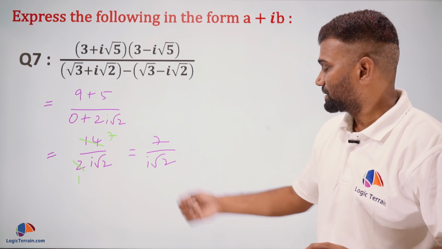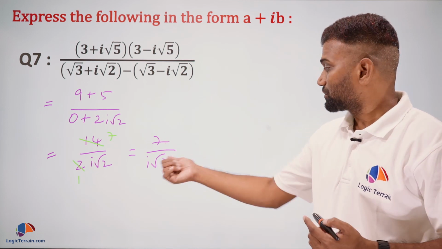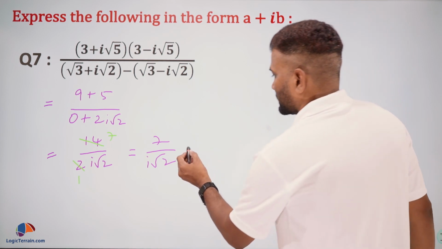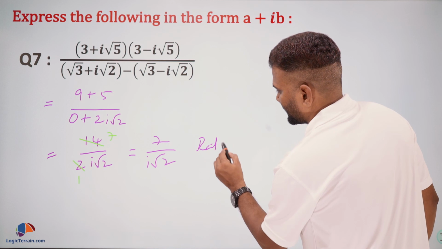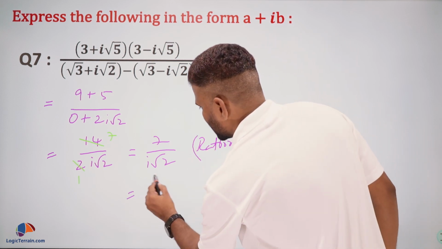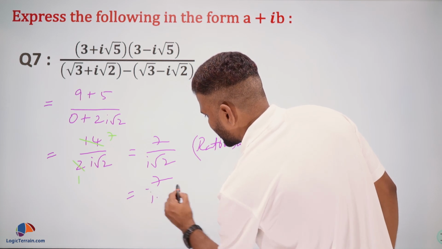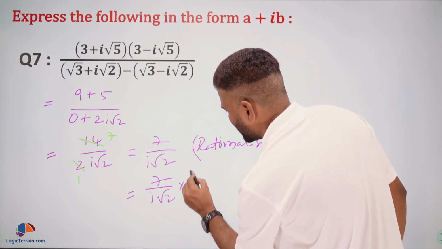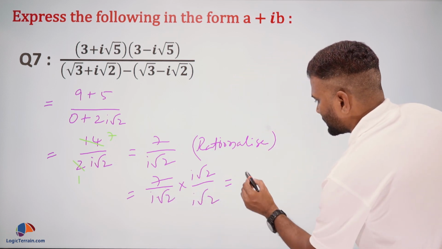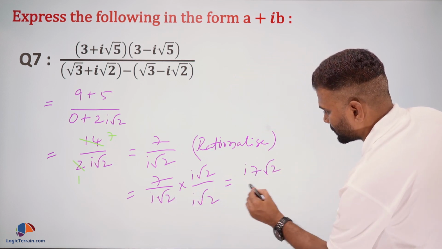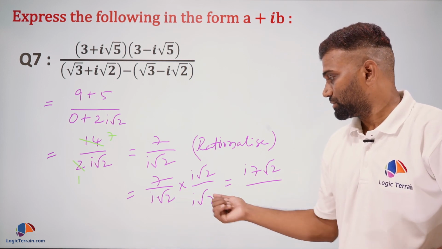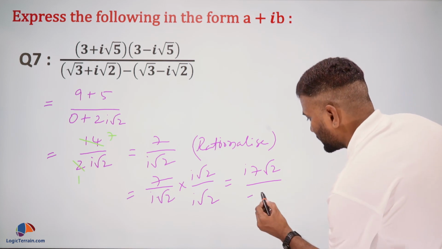So we'll rationalize this fraction with i square root 2, so we'll multiply both numerator and denominator with i square root 2. On rationalizing, that is 7 upon i square root 2 into i square root 2 upon i square root 2, this becomes i 7 square root 2 upon i into i square is negative 1, square root 2 into square root 2 becomes 2, so negative 2.